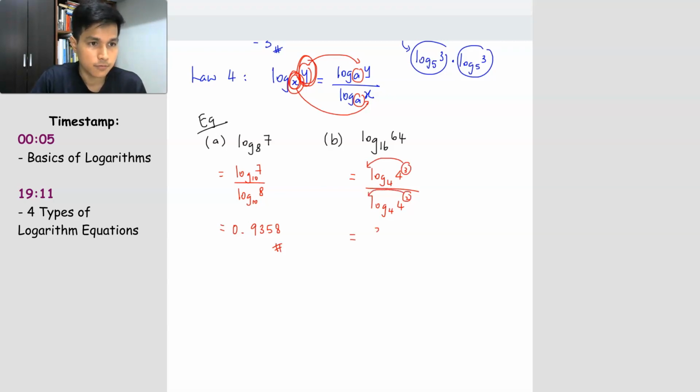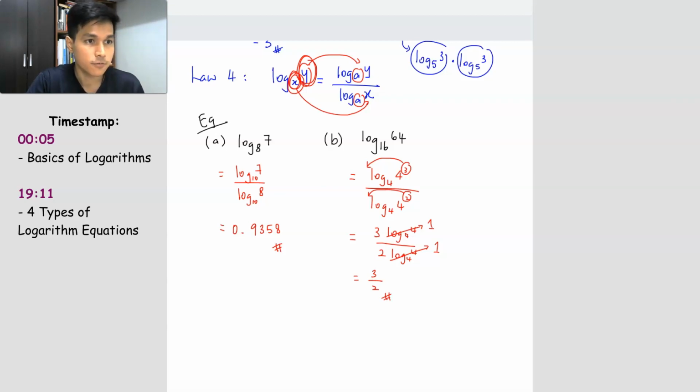In the end we are left with 3 log 4 base 4 over 2 log 4 base 4. Log 4 base 4 becomes 1, and here also becomes 1. So in the end your answer is 3 over 2. Clear?